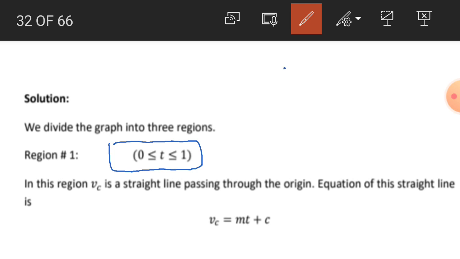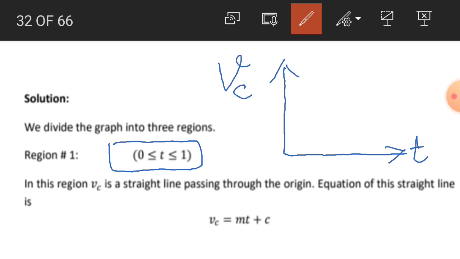In this particular region, the voltage across the capacitor is changing with respect to time, and it is changing linearly.